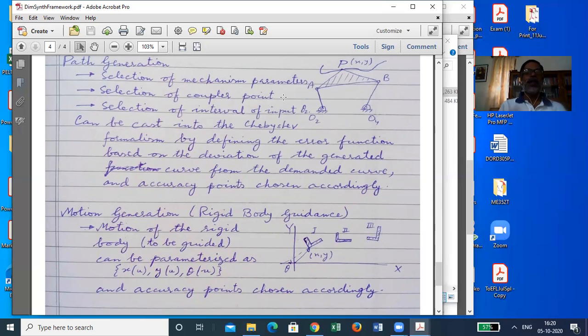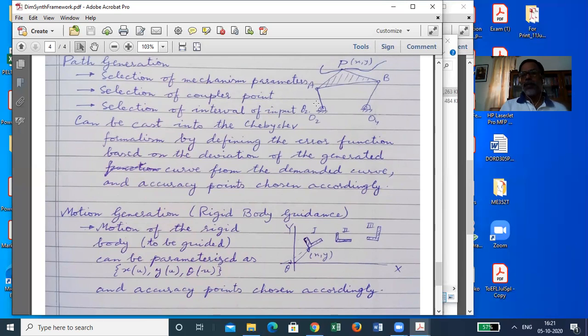Now how do we put it in the Chebyshev framework? So we can cast this into the Chebyshev formalism by defining an error function. So we define the curve that a point P actually generates if we give hand-picked values of the kinematic parameters, dimensional parameters of the mechanism, and we give hand-picked location of P. Then this point P will generate some curve for that interval of theta 2.